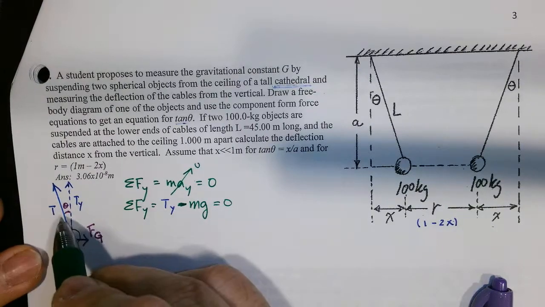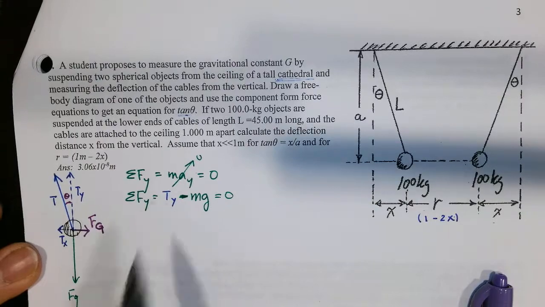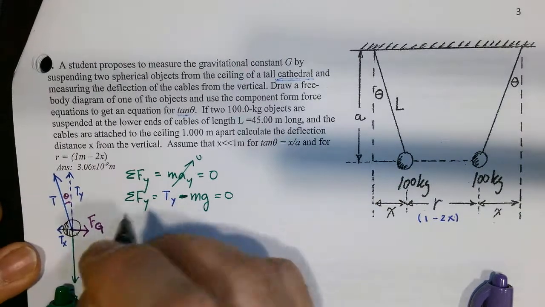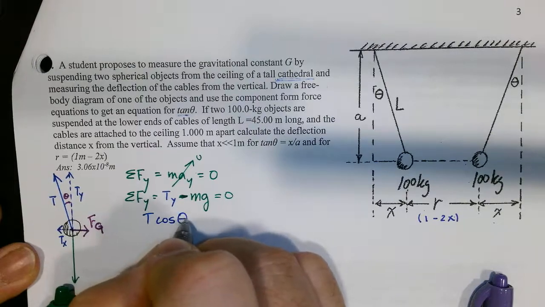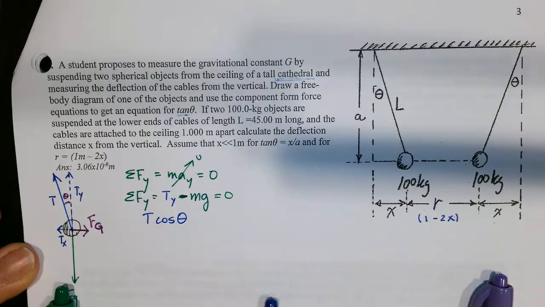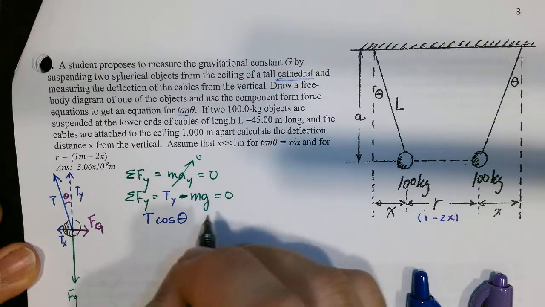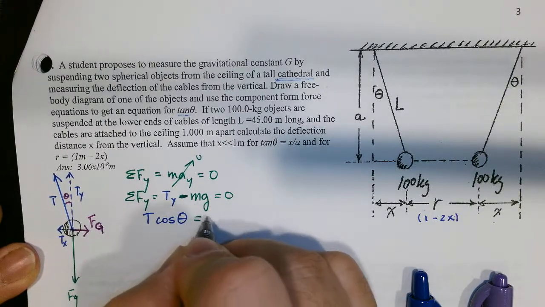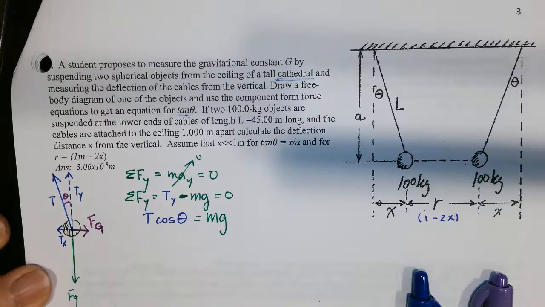Ty, however, is adjacent to my angle theta, so this is the same as T cosine theta. Bring this to the other side and it becomes T cosine theta is equal to mg.